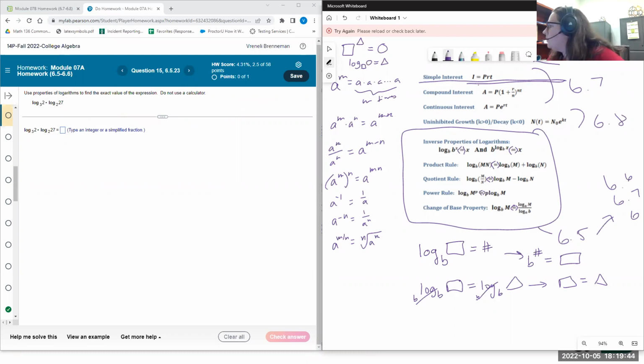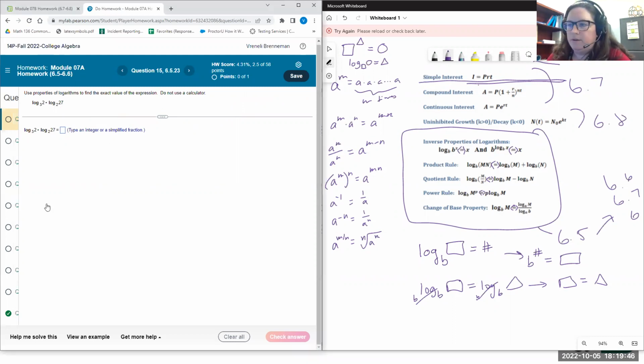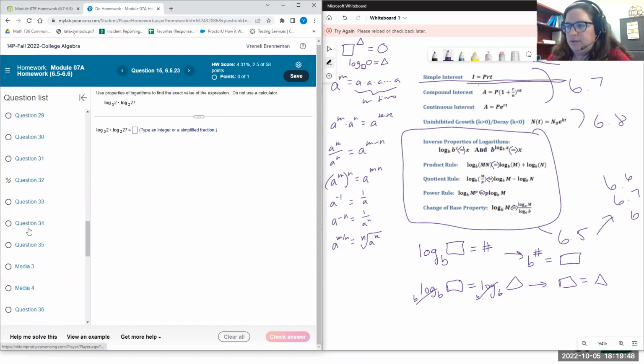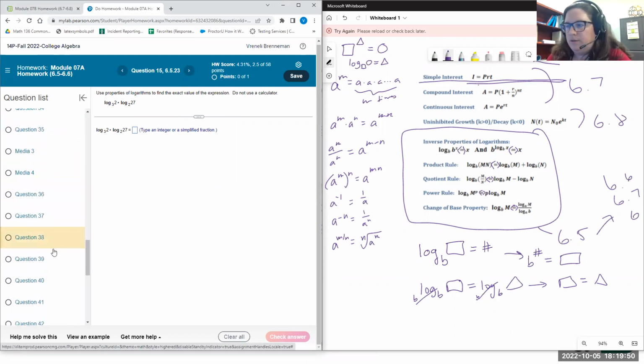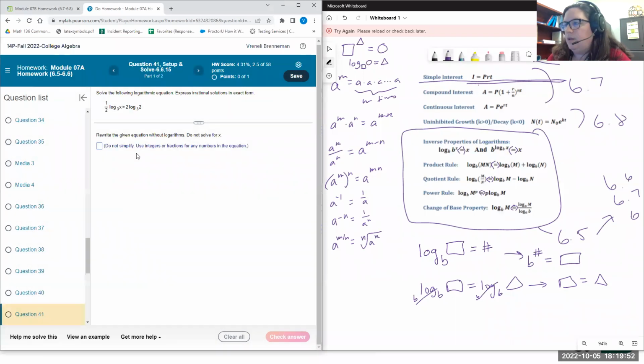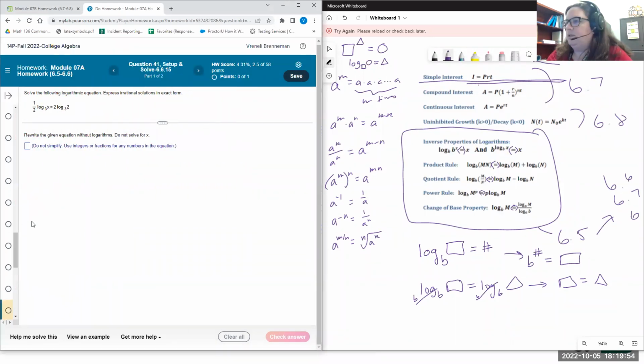So I'm going to look at number 41. Here it looks like we have a log equal to another log, but I can't just immediately undo the log because I have stuff outside of the logarithms.